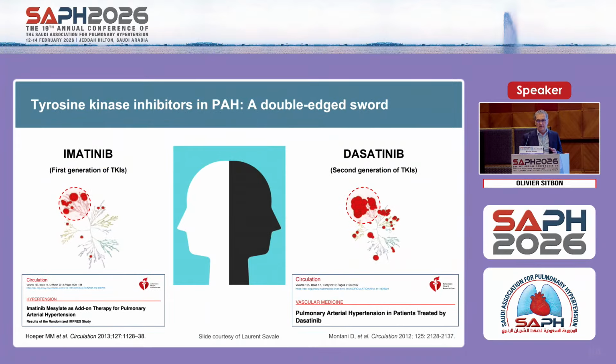However, when we talk about tyrosine kinase inhibitors, we cannot consider all of them as the same. That's what I call a double-edged sword, because we have imatinib, which we use to treat pulmonary arterial hypertension, and on the other hand, we have dasatinib that can induce pulmonary hypertension.